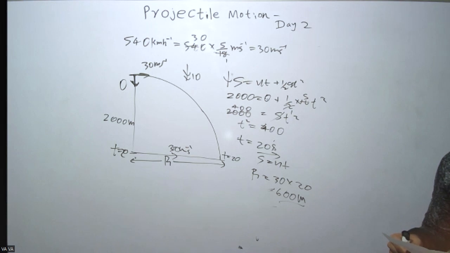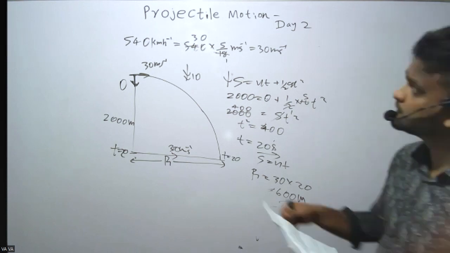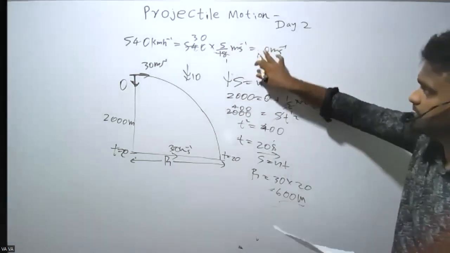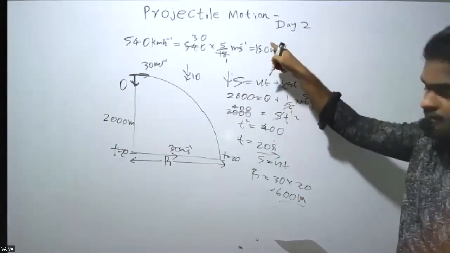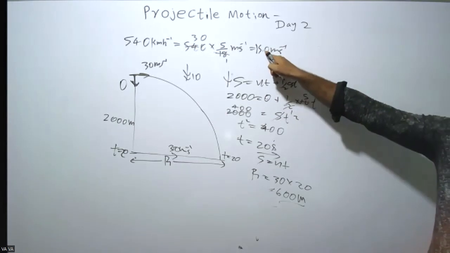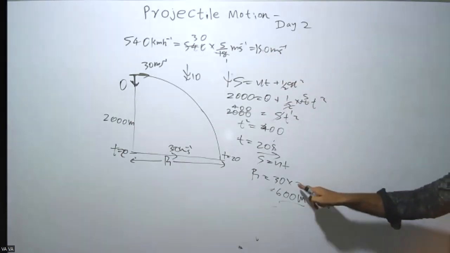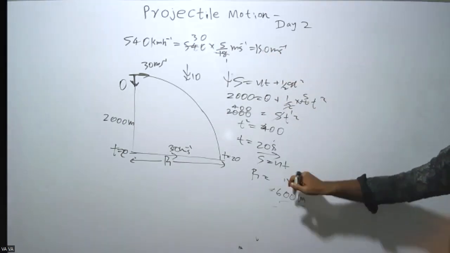The answer, is it not given? 600 meters. What's the problem there? Sorry. Yeah. The velocity should be 150, right? Yeah, sorry. 150 meters per second. So you have to apply 150 here.